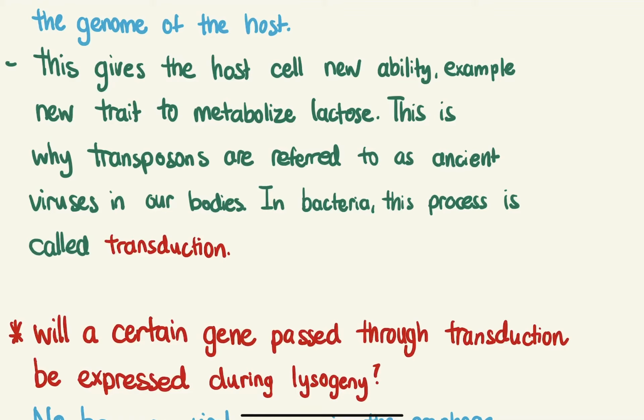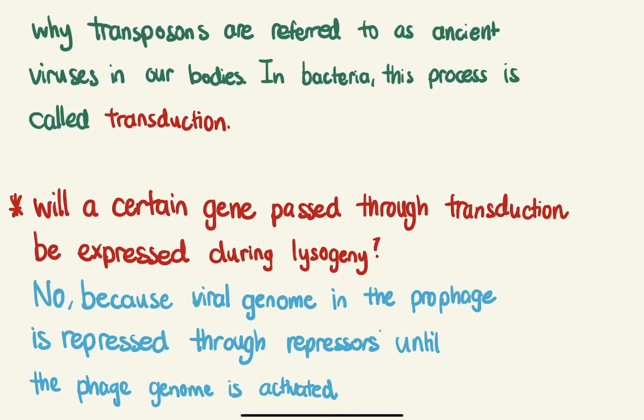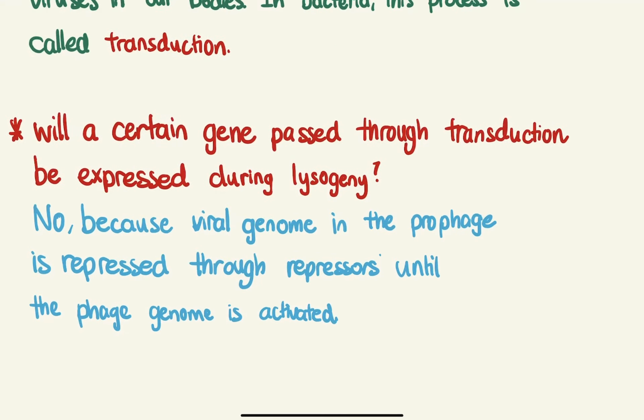So whatever the genome is, regardless of it being a positive impact on the host cell, it will have a repressor bound to the operator. This will make the entire genetic information of the virus dormant, regardless of it being beneficial to the host cell. So no, because the viral genome in the prophage is repressed through repressors until the prophage genome is excised.